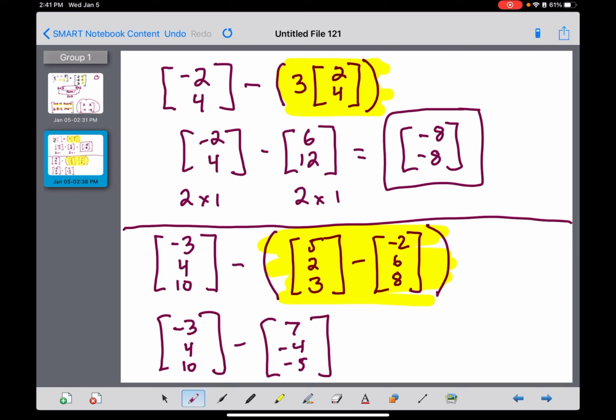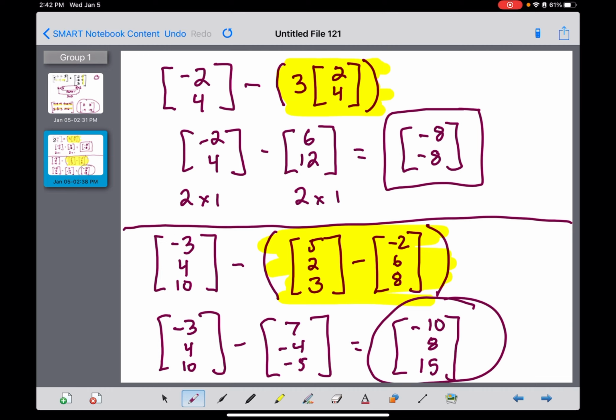So now I've got these 2 matrices, now I can subtract them to get my new matrix. -3 minus 7, -10, 4 minus -4 is 8, 10 minus -5 is 15. So there again is the resulting matrix, and you're done.